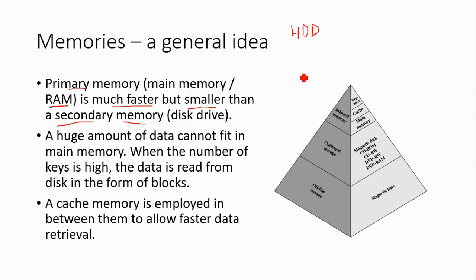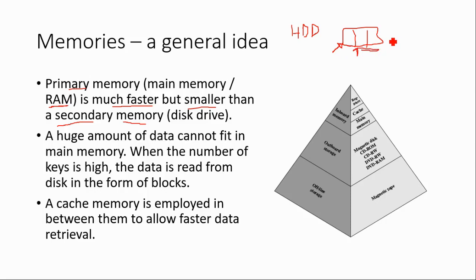One thing that is important is that almost all processing occurs in the main memory. The processor mainly interacts with the main memory. So whatever data we want for processing has to remain in the main memory.